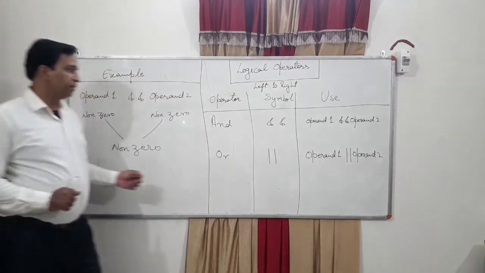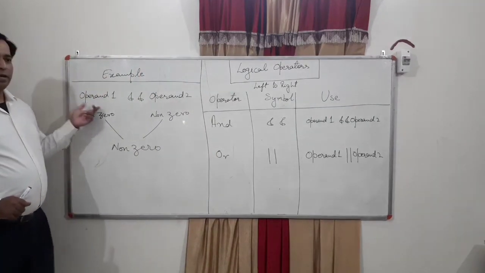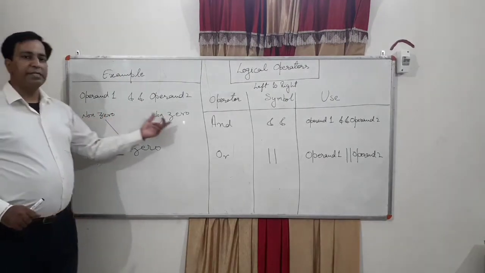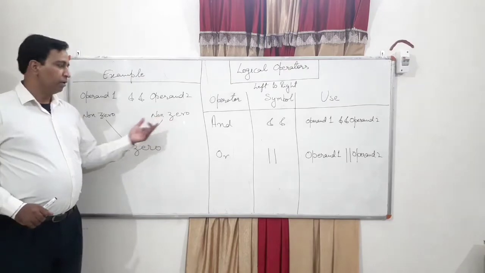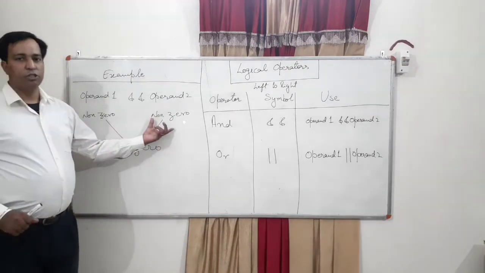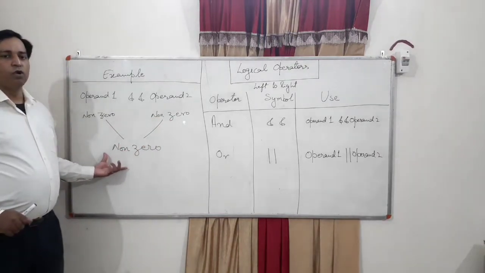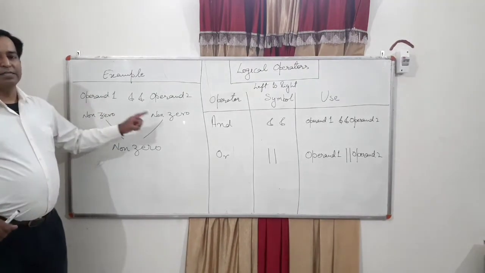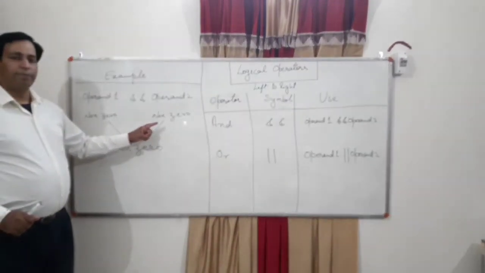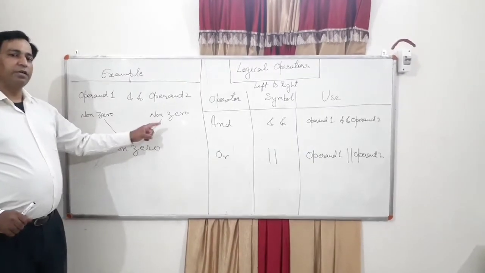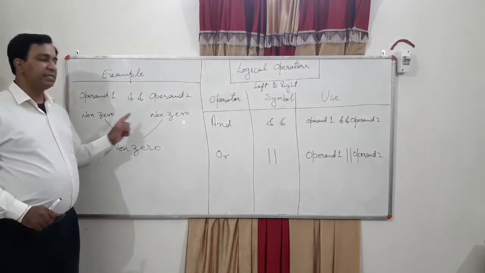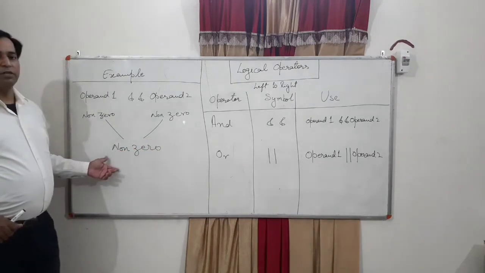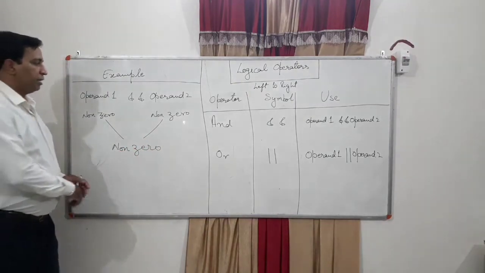For example, operand 1 AND operand 2: if both the operands are non-zero, then only it will give you a non-zero value. If either of the operands has a zero value or zero expression, then the answer will be 0.